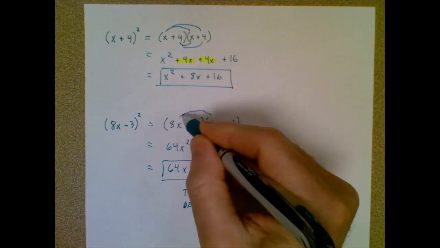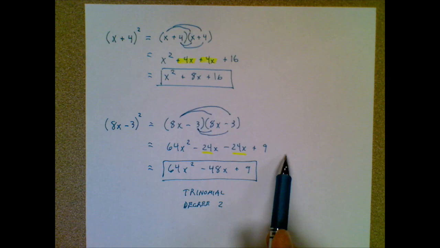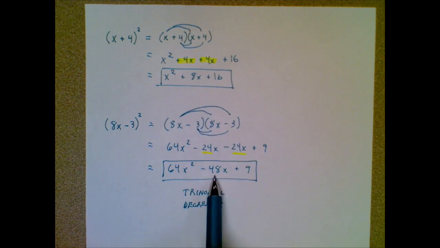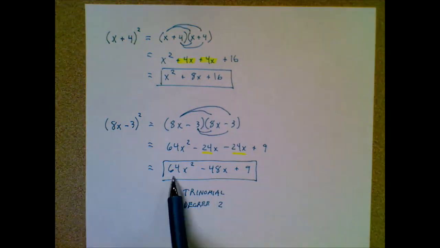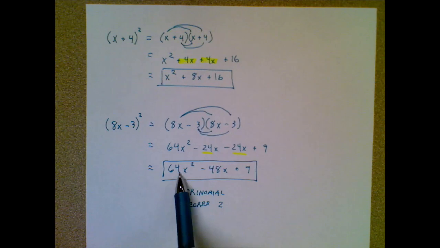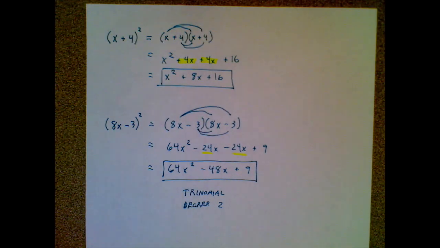And once you have that, you're in the multiplication of two binomials. Follow your swooshes. We have two like terms in the center. They add to negative 48. And now I have my final answer, which is a trinomial of degree 2. Trinomial because 3 terms, degree 2 because the largest exponent is 2.